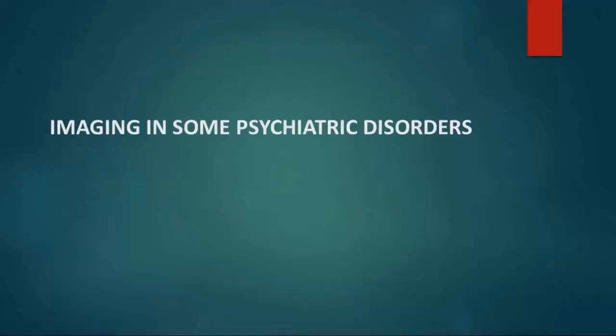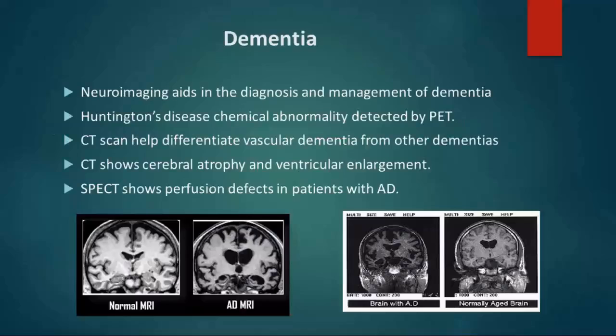So now we will briefly talk about how neuroimaging is used in diagnosing certain psychiatric conditions. For dementia, neuroimaging aids in the diagnosis and management of dementia. So when we take Huntington's disease, its chemical abnormalities can be detected using the PET scan.